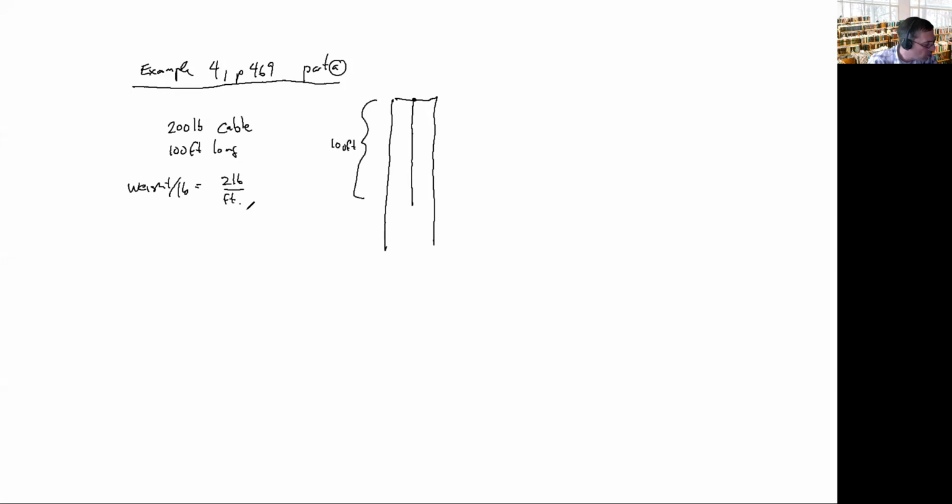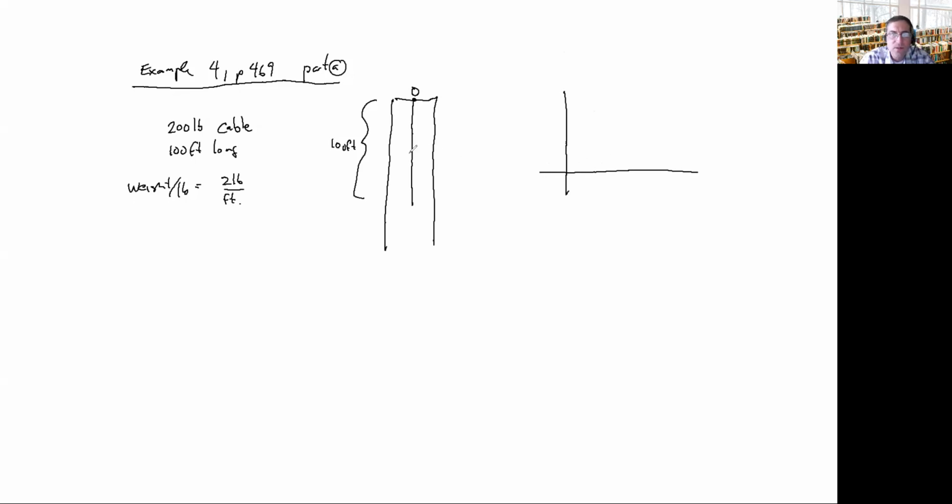That's important for the problem, because now we want to figure out the work in lifting the cable all the way to the top. So the idea is to put the origin at the top. Let me draw the picture; I'm going to rotate it 90 degrees.